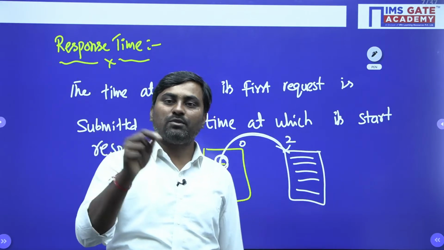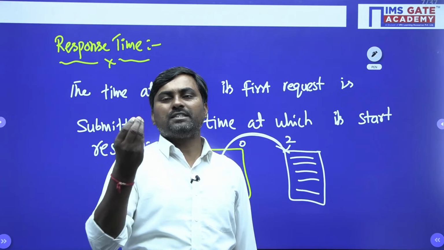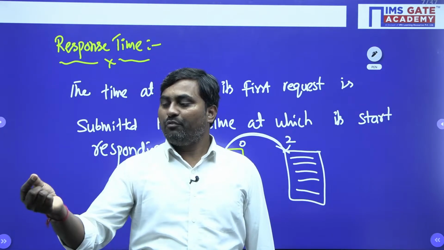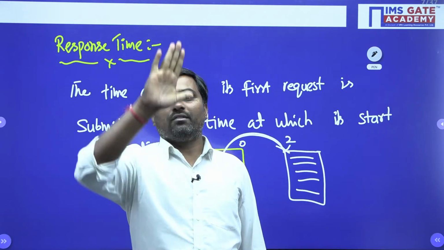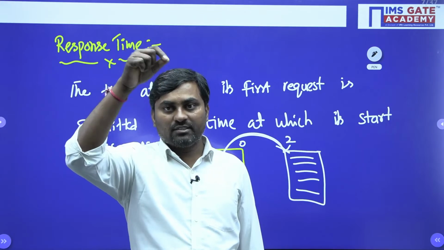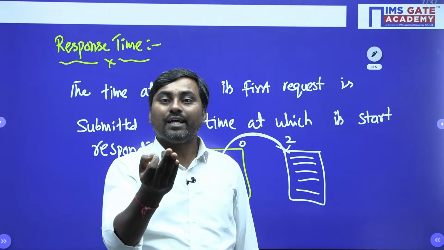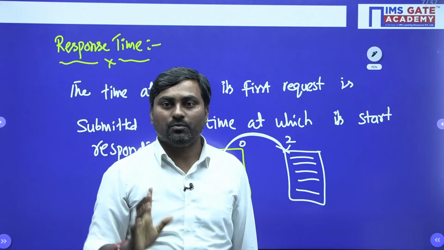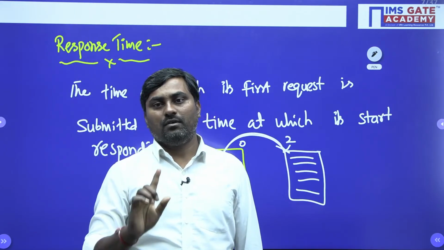The best example I can give is Windows 98: if you click on the start button, it takes time to open. After that, if you select a program, it takes some time to open the application. So it is taking more response time, meaning the system is responding less. I hope this is clear.